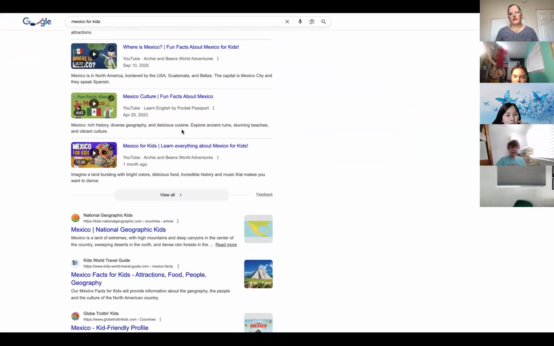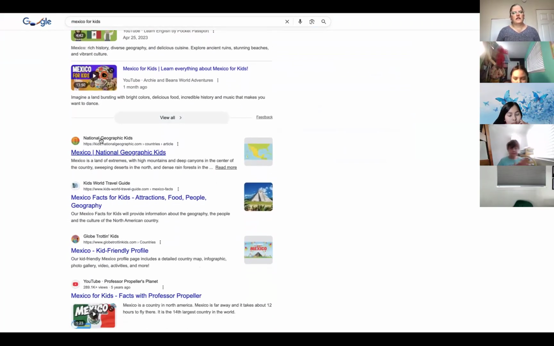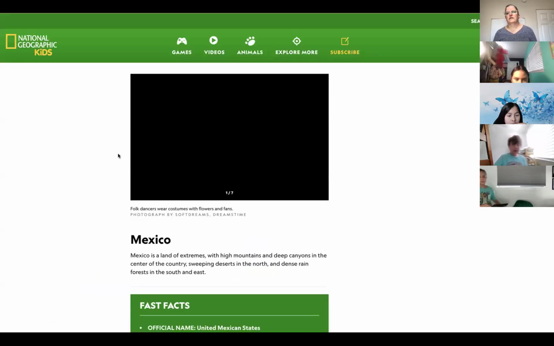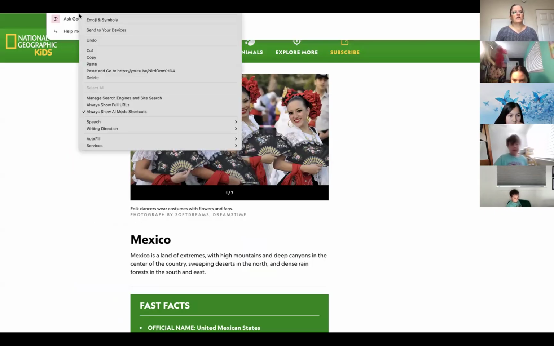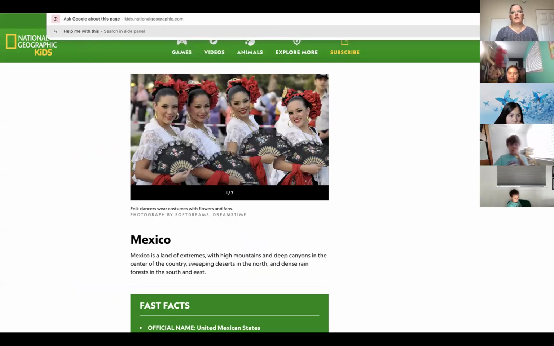If you scroll down, do you see a link that says National Geographic Kids? Yes. Click that. Malia says no. That's okay, Malia. You know what I'm going to do for you, Malia, is I'm going to put the link in the chat and maybe try just clicking on that. See if that works. Let me stick it in there.